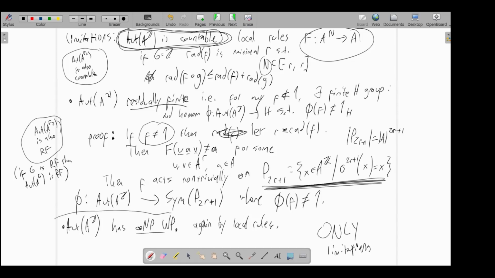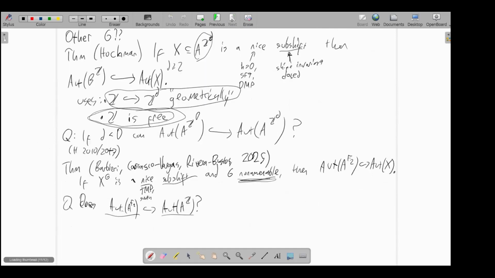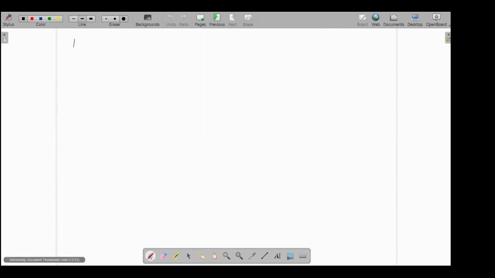So the next thing I looked at was this. This has co-NP word problem. So maybe the automorphism group of, or the group of cellular automata on, F2, maybe it has a harder word problem. And this was something that I proved in my preprint.